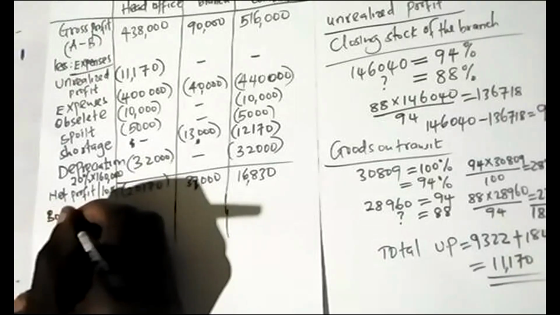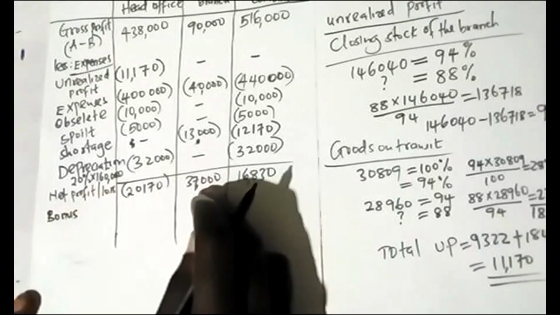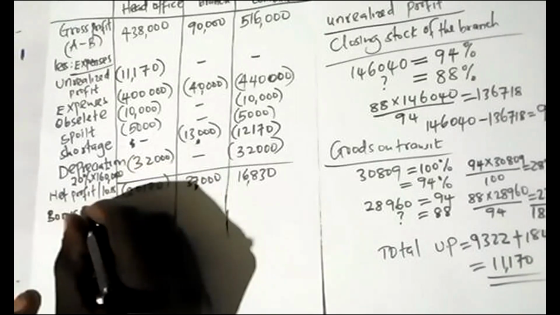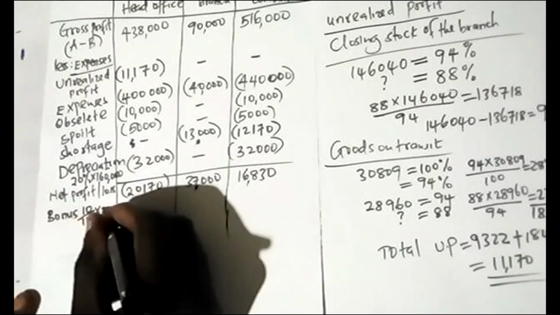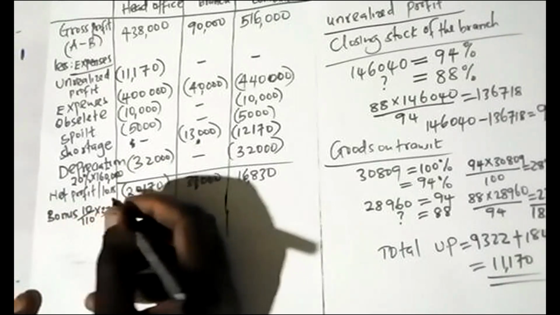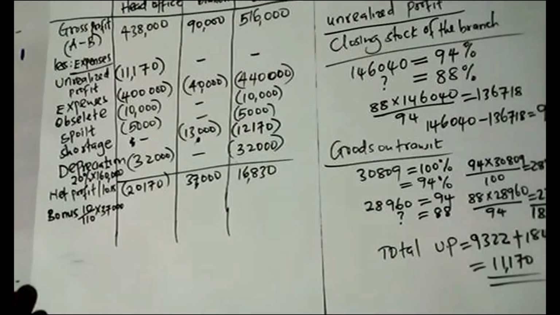So this 37 is at 110. Which means I will take 10 divided by 110 times 37,000, because they said net profit after the bonus, so at 10%. So the 37 is at 110%. What about that 10%?